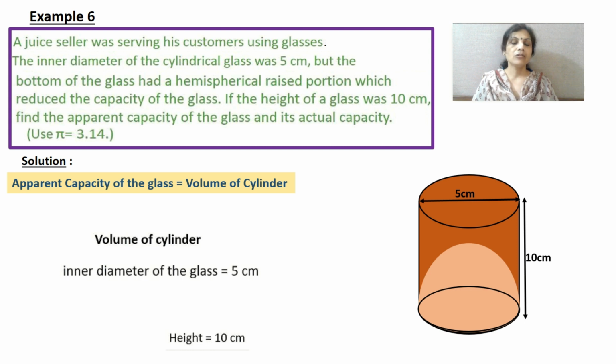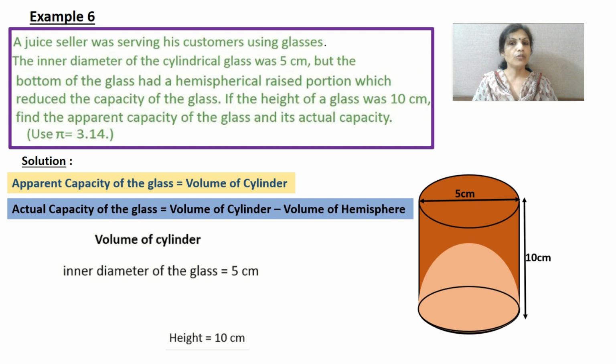Alright, so let's first find out this, and if I have to find out the actual capacity, it would be the volume of the cylindrical glass minus the volume of the hemispherical raised portion inside the glass.